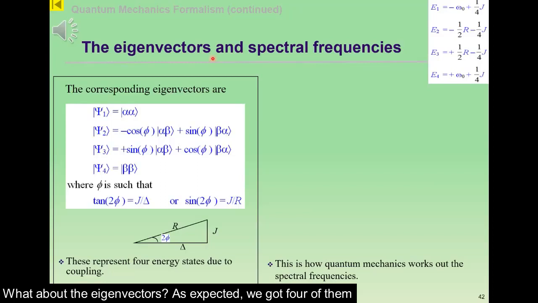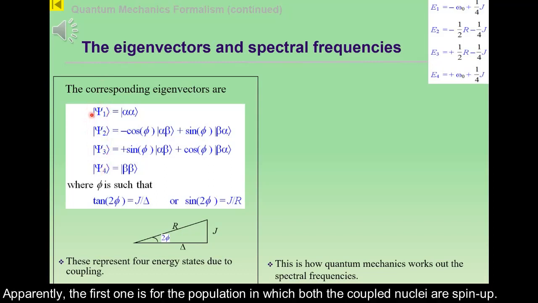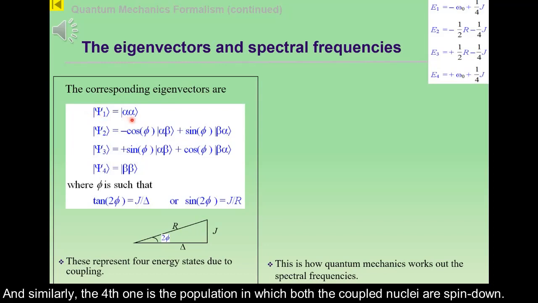What about the eigenvectors? As expected, we got 4 of them, each of which represents a spin population. Apparently, the first one is for the population in which both the coupled nuclei are spin up. And similarly, the fourth one is the population in which both the coupled nuclei are spin down.